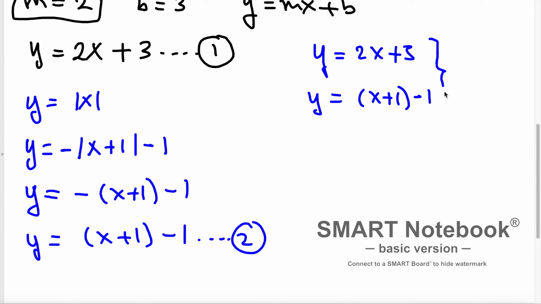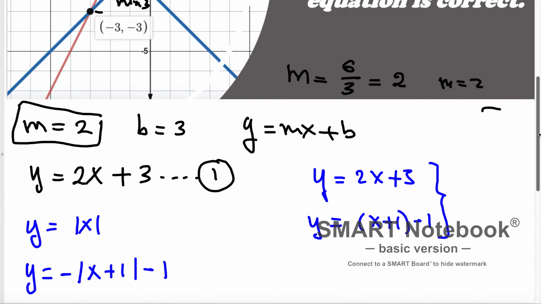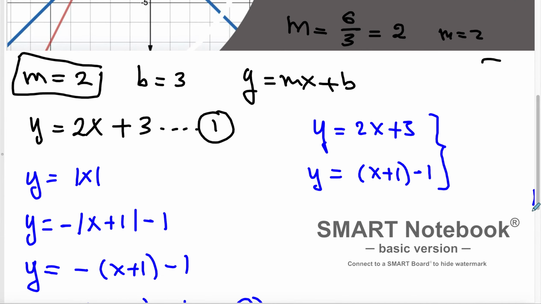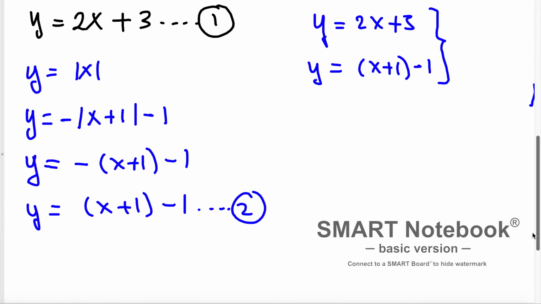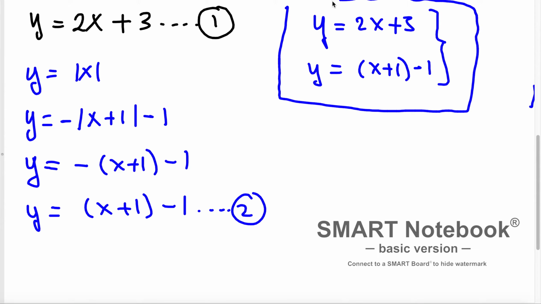This system of equations is going to provide us with the point of intersection of these two lines. So this is the equation, and let me frame it because this is the answer.